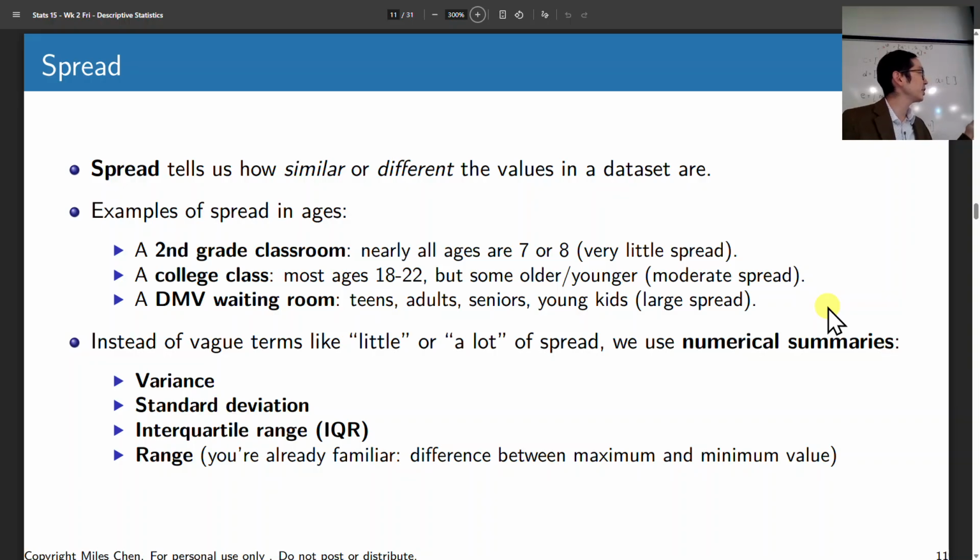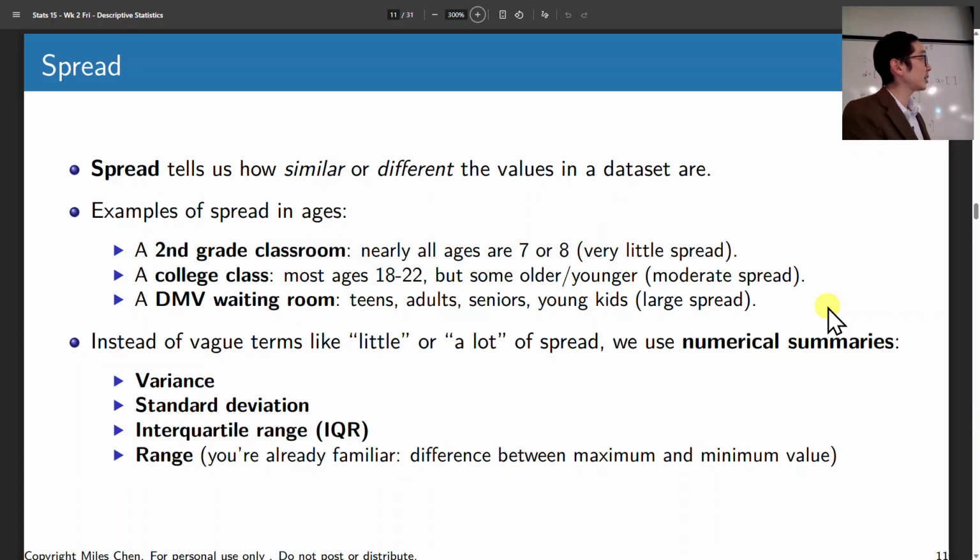If you imagine visiting an elementary school, you go to the second grade classroom and you ask each student, how old are you? And you record this information about ages. Pretty much all of the kids in the second grade classroom, at least in the United States, are going to be like 7 years old or 8 years old, okay? And so as far as the spread in ages, you have very little spread because all of the values are very similar to each other, okay?